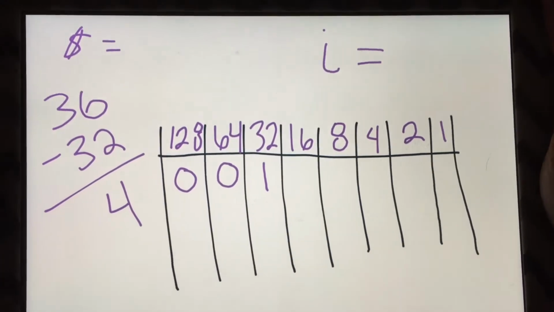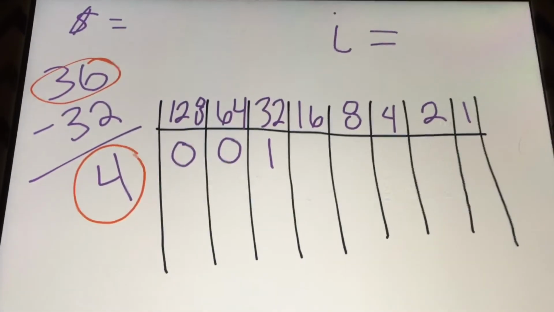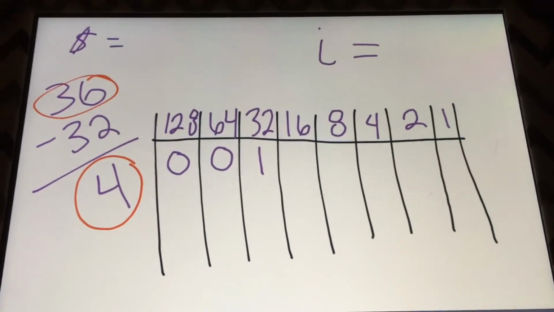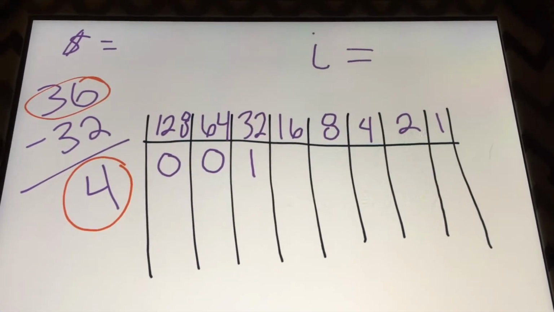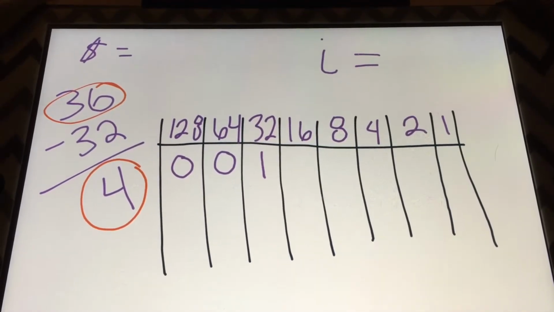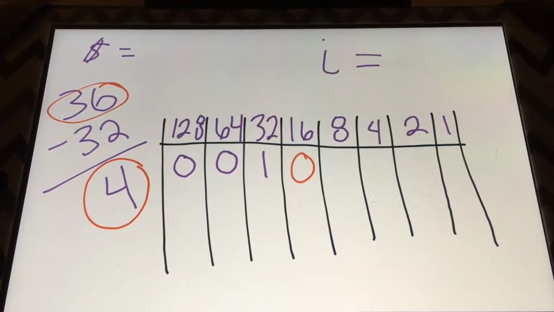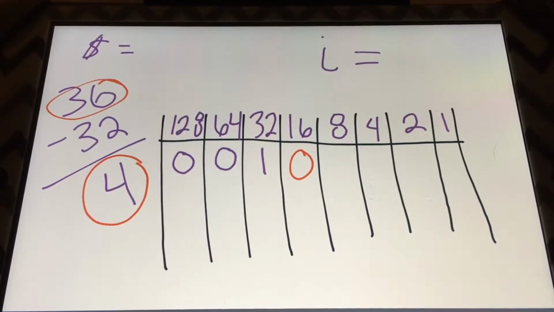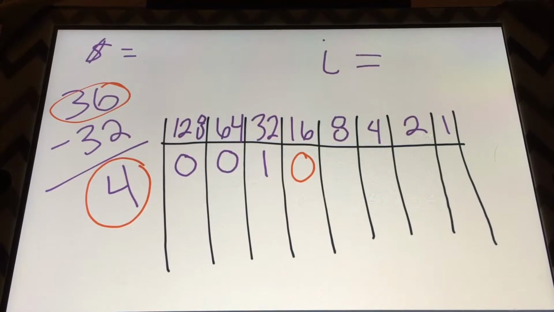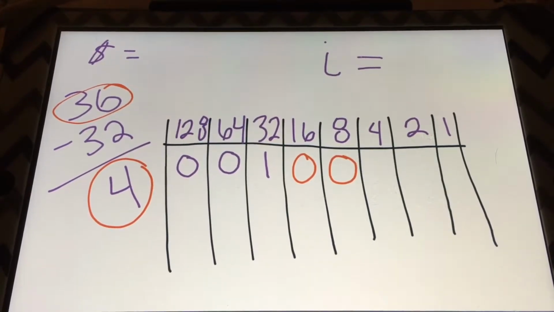Now, instead of looking at 36, we are going to look at 4. Can 4 be subtracted by 16? Sorry. No, it cannot. Can 4 minus 8 be a positive number? No. What about 4 minus 4?